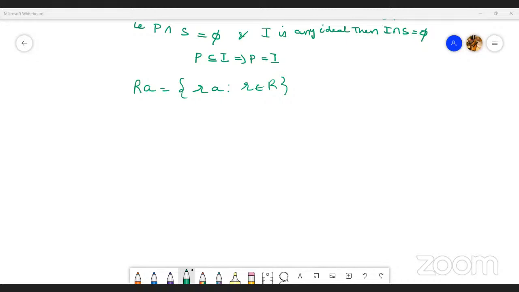C is C1 union C2, and these two are disjoint sets. P belongs to C1 and Q belongs to C2. Also, for any I in C1 and J in C2, J is not a subset of I. Since C is a chain and J is not a subset of I, you must have I is a subset of J.